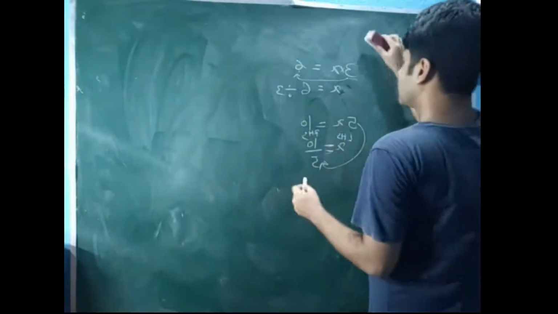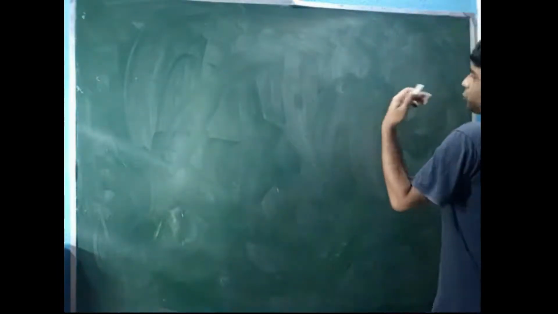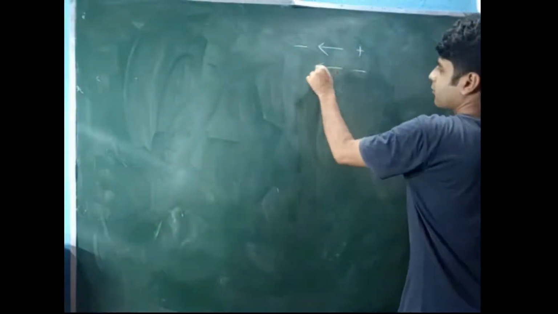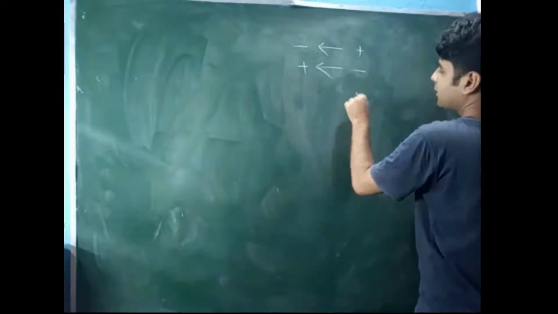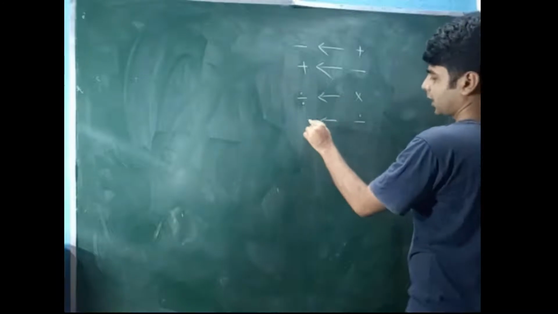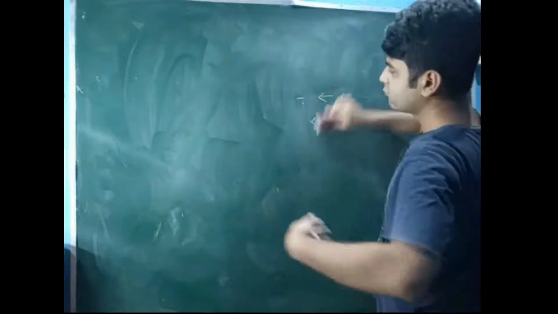So the rule is, a positive sign becomes minus, minus becomes positive, multiplication becomes divide, and divide becomes multiplication. That is the main rule of algebra when changing the side from left hand to right hand or vice versa, right hand to left hand also.